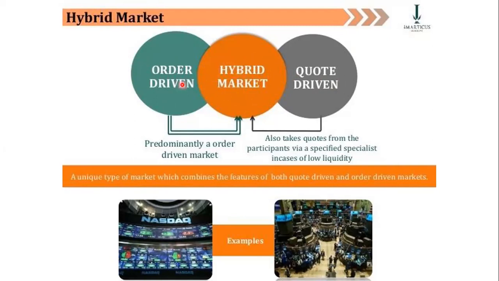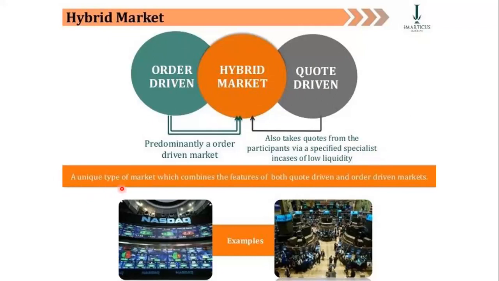Anyhow, in this hybrid market the dominance of the order-driven market, its influence, is higher than the quote-driven market. So predominantly it is an order-driven market. In the hybrid market, you can find predominantly the order-driven market, and also you can find quote-driven market features.